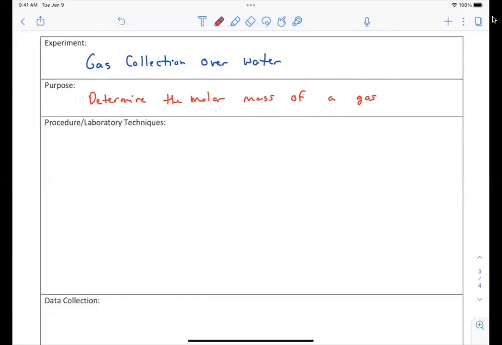You could also use this for rate measurement as well, because you can collect the gas production. But I'm going to focus on the gas law part of this.